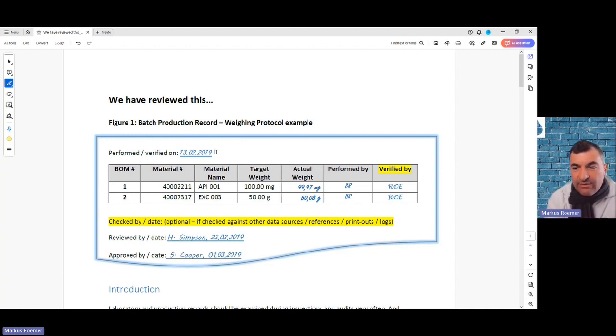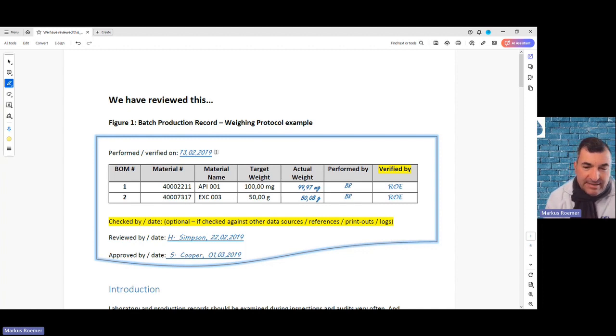In general, if I read "verified by," I understand that the second person was a witness of that, so it was executed by two persons. Sometimes it is the four-eyes principle, and this is exactly what it means here with the verification. I understand that we had a witness during the execution to confirm, yes, the operator, the analyst, has done it correctly.